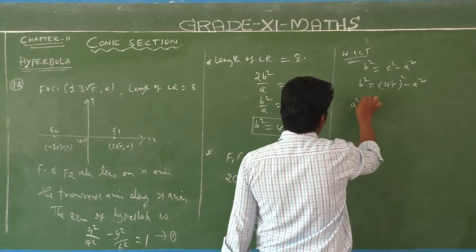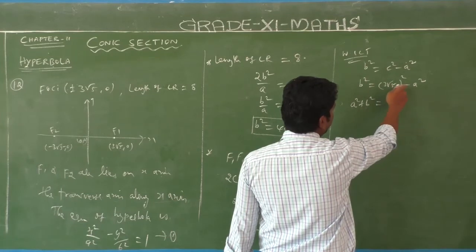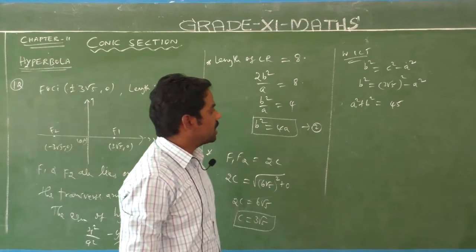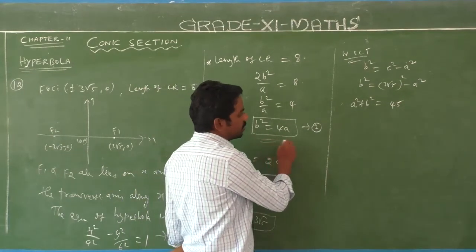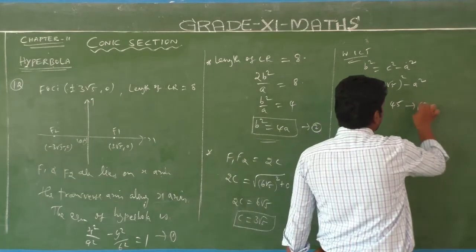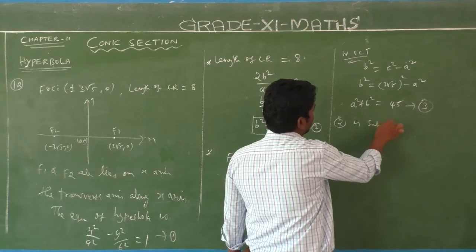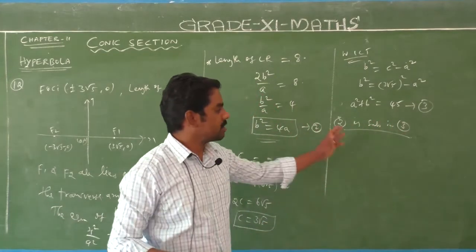So a squared plus b squared is equal to 9 into 5, which is 45. So a squared plus b squared is equal to 45. This is equation number 3. Here the b squared value is 4a from equation number 2, so substitute it in equation number 3.